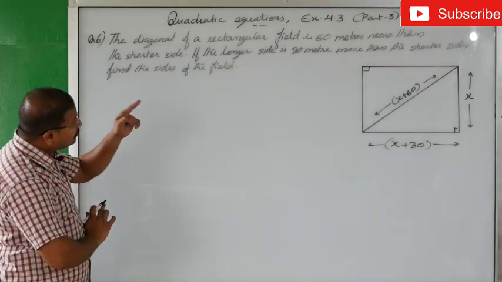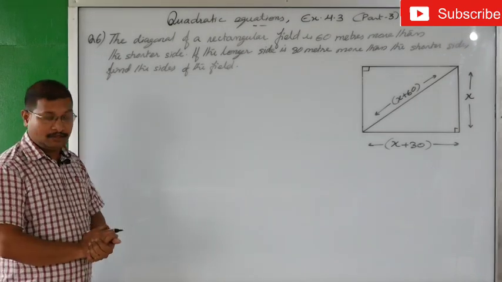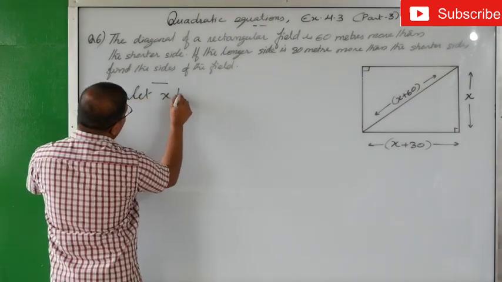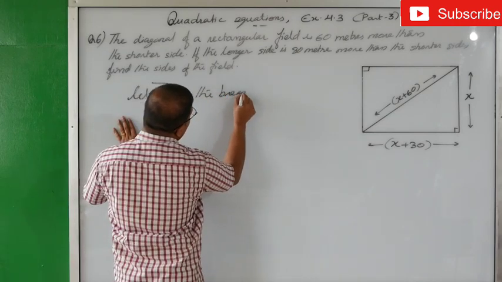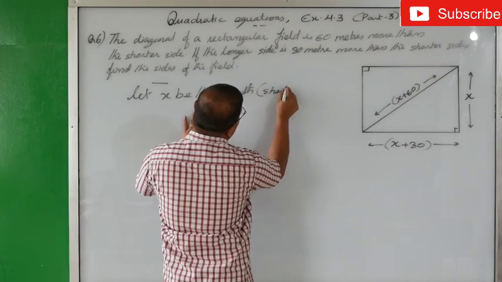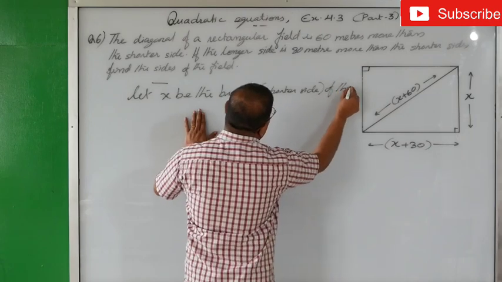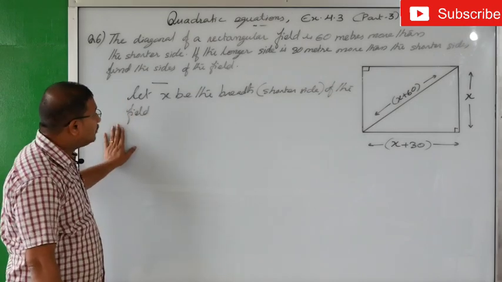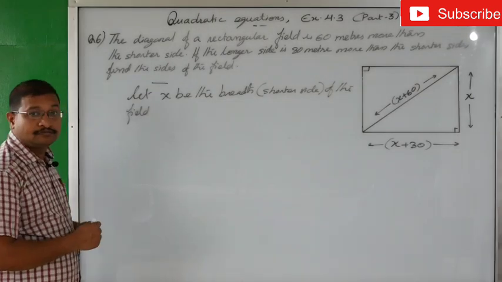The diagonal of a rectangular field is 60 meter more than the shorter side. So we don't know the shorter side, so we will write let x be the breadth, that means shorter side, of the field. Ready? Let x be the breadth of the field.